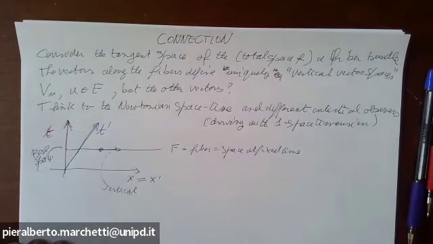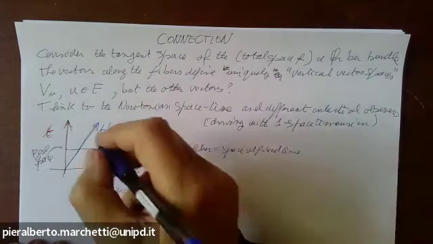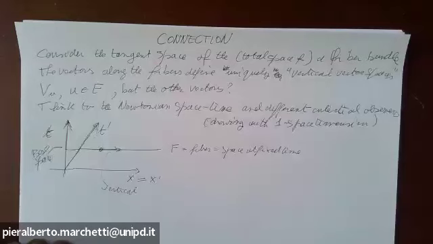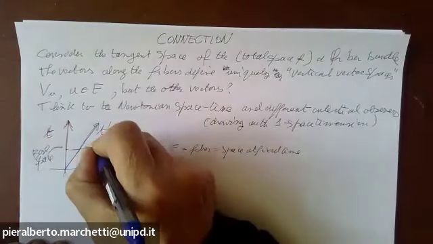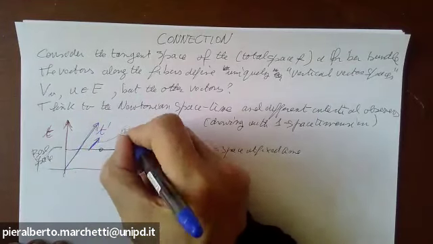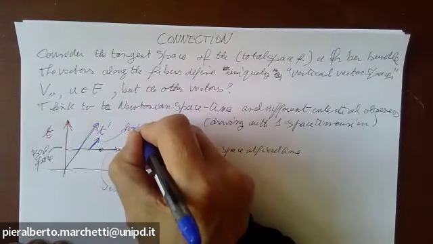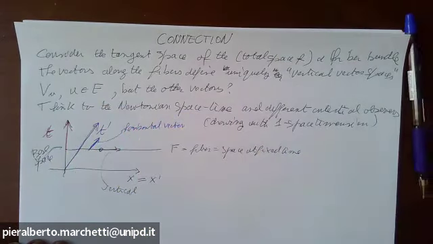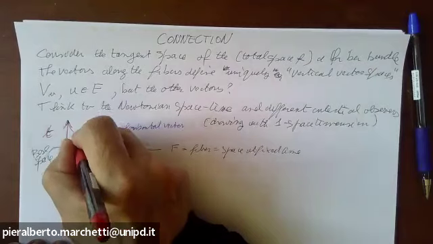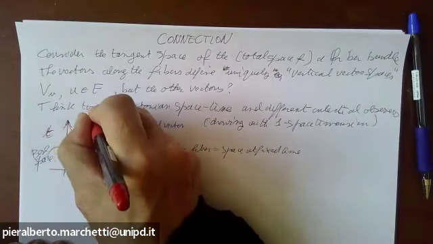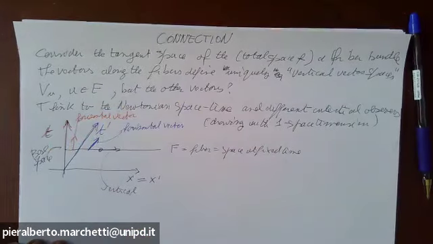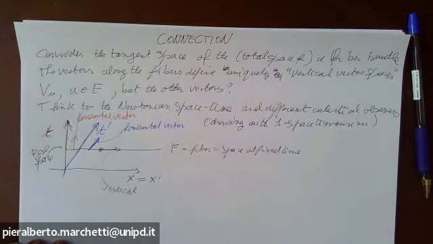But if I want a vector which is horizontal with respect to the base space, meaning something which does not move in space, well, the blue observer will say that this is a horizontal vector, but the red observer would say that this is the horizontal vector.